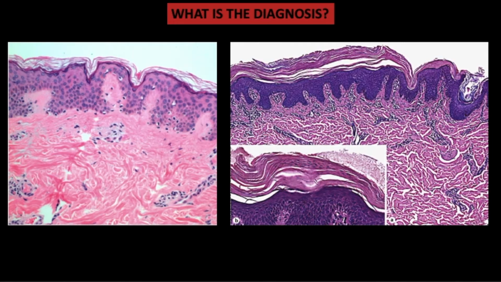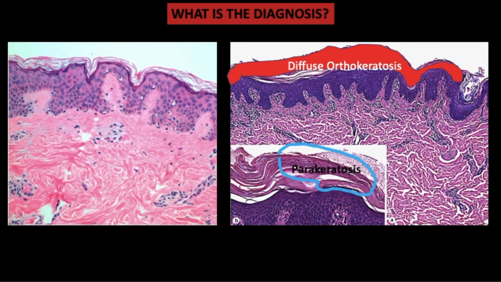You can pause the video now if you want to think about the diagnosis for this lesion. Here we see the normal skin, and here we see the abnormal skin. We see diffuse orthokeratosis along with parakeratosis. And the parakeratosis, if you look carefully at the nuclei, looks like a chessboard, as the nuclei are arranged in this fashion.